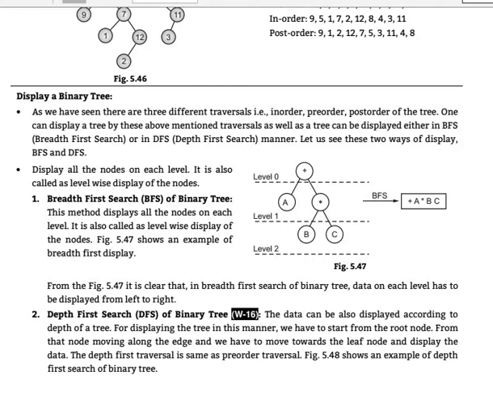It is also called the level-wise display of the nodes. The figure shows an example of breadth first display. From the figure it is clear that in the breadth first search of a binary tree, the data on each level has to be displayed from left to right. So this is the example of how to display the nodes in breadth first search.